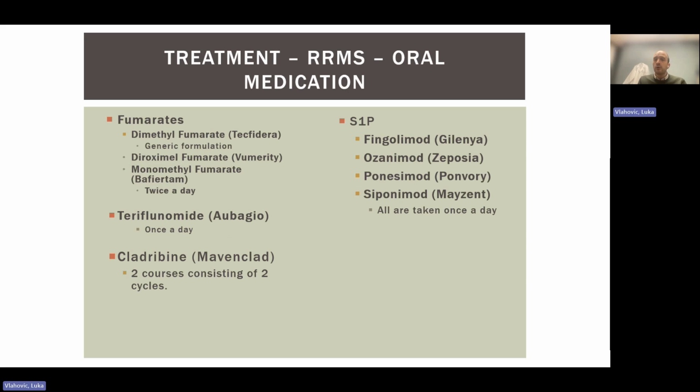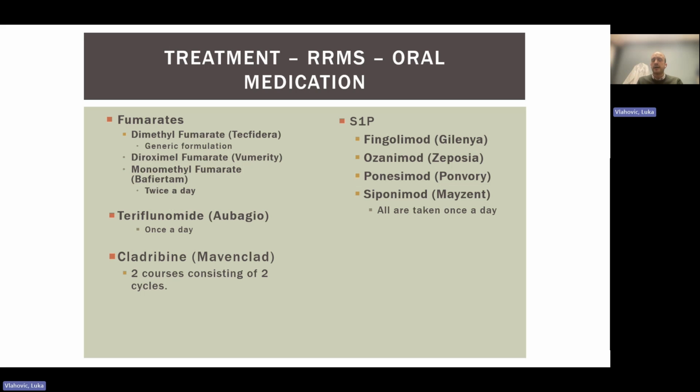Then moving to the category of oral medications. The list is pretty extensive, and it's easier to cluster or categorize them into families of medications based on their pharmacological targets. There are fumarates, a few of them. There is Aubagio. There is S1P, again, pharmacological targets that these medications specifically target.